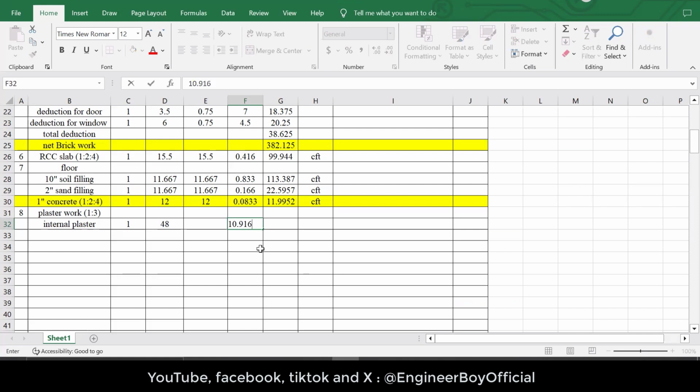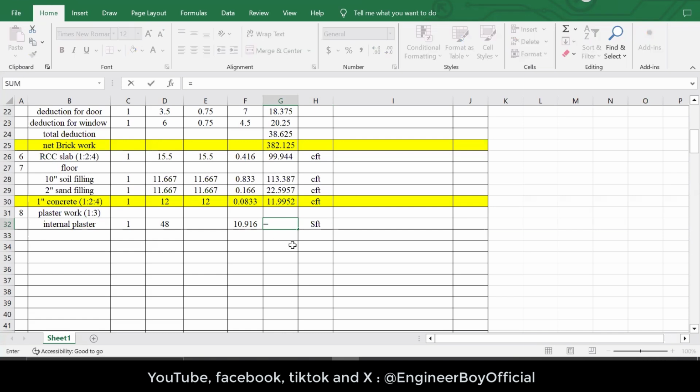Now we only have to multiply these two things. We do not have to multiply the thickness, because the thickness can be 1 inch or maybe half inch, so we will add that in the analysis. Now the quantity must be in SFT or square feet because this is the area. So let me have a formula.